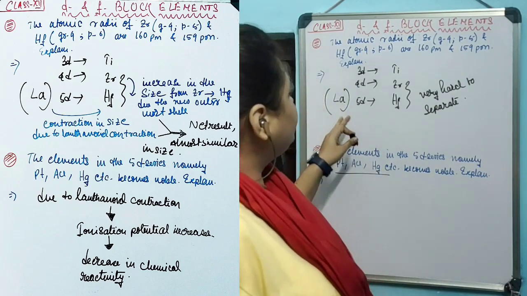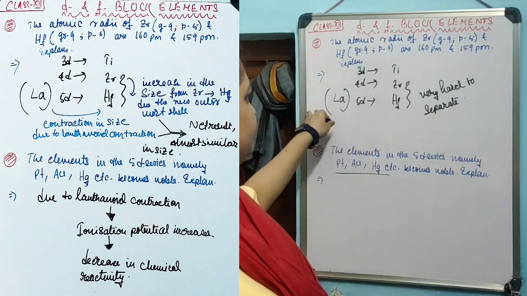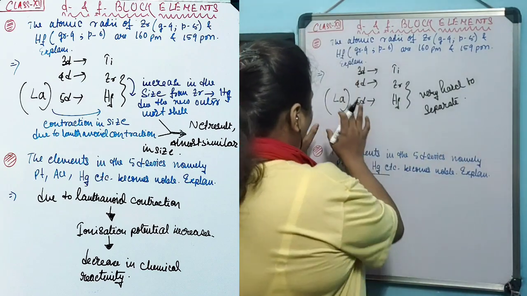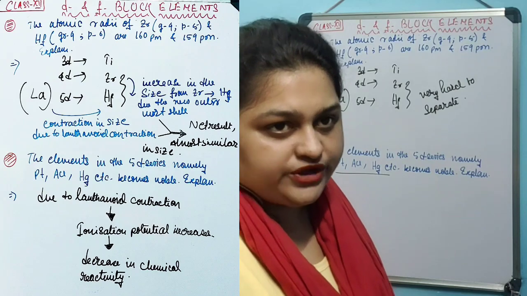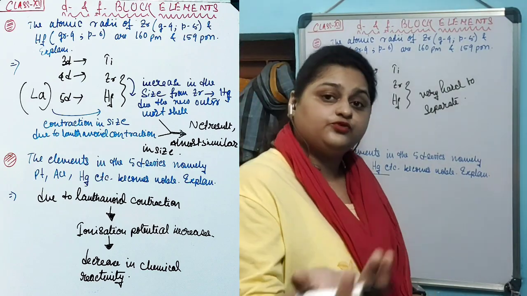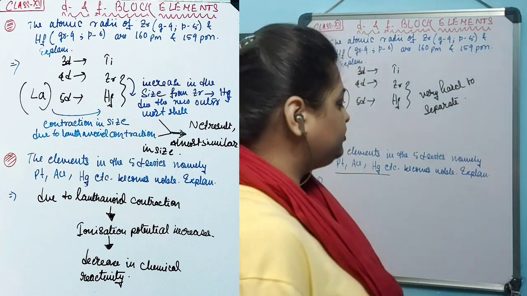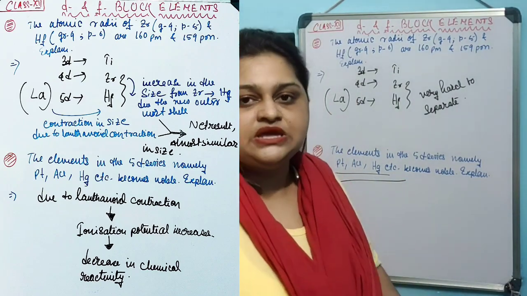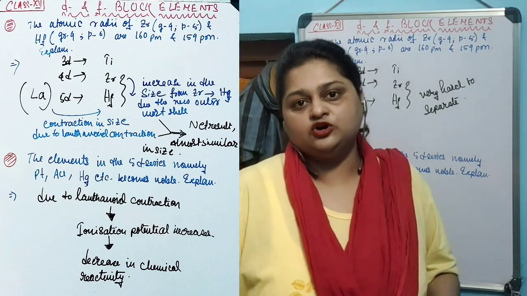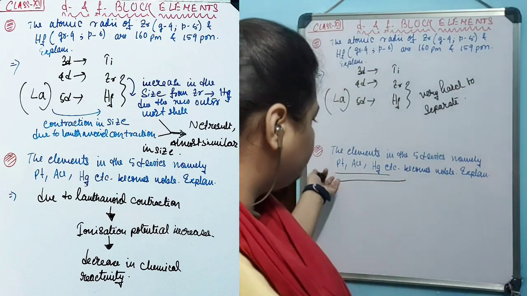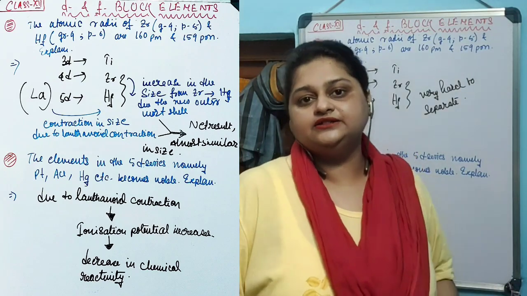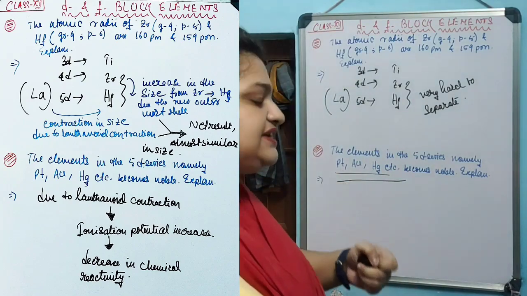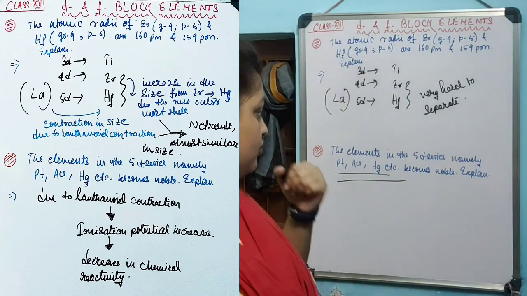In the 5d series, the lanthanides are placed at the initial stage of the series. As a result, due to the contraction from the 14 lanthanide elements, the effect can also be seen over the other elements in the series like platinum and gold. The effective increase in nuclear charge is observed for these elements, resulting in an extremely high ionization potential for 5d series elements like platinum, gold and silver.